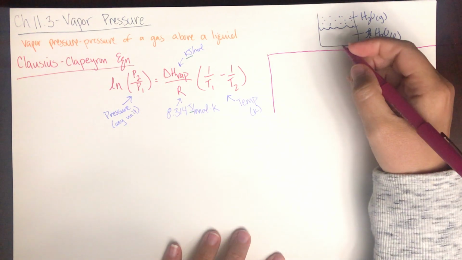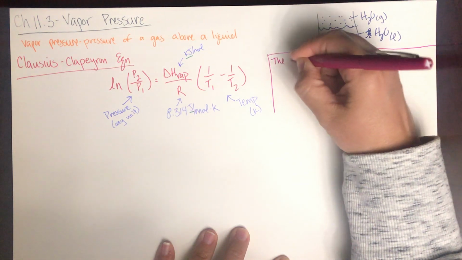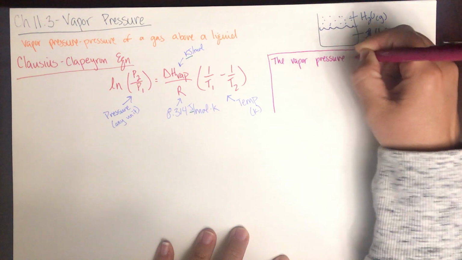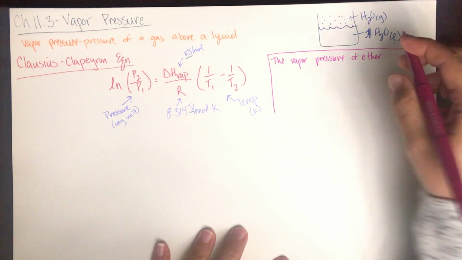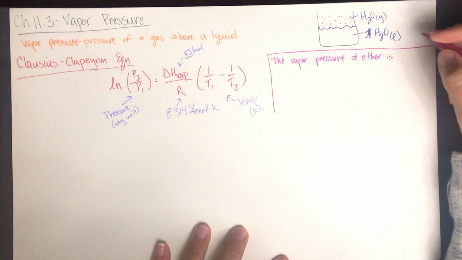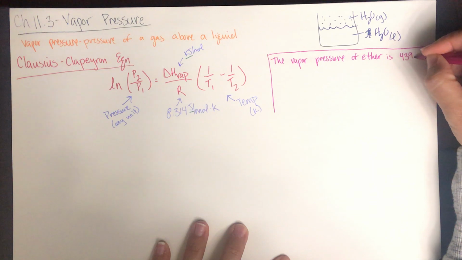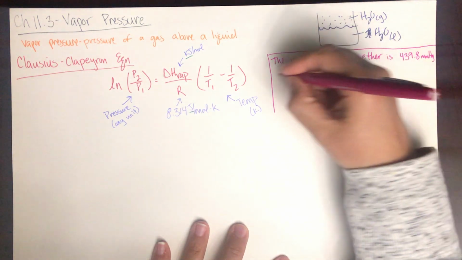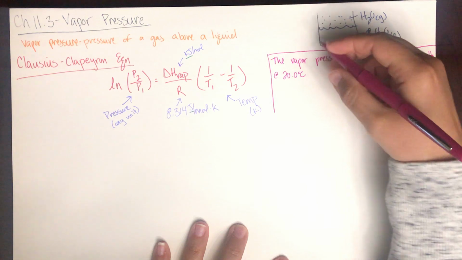It says the vapor pressure of diethyl ether, which we also just call ether, is 439.8 millimeters of mercury at 20.0 degrees Celsius.